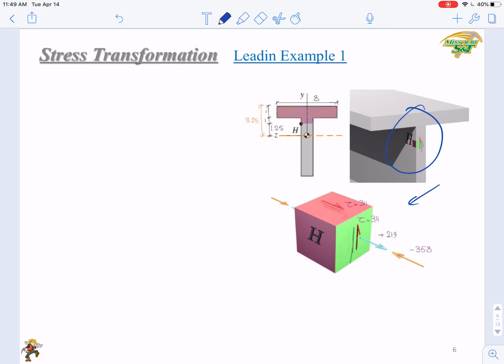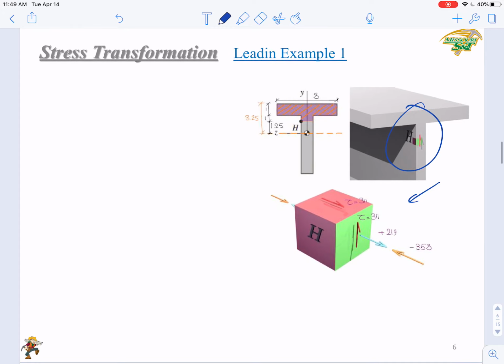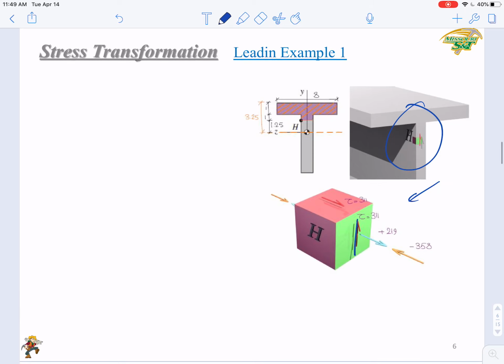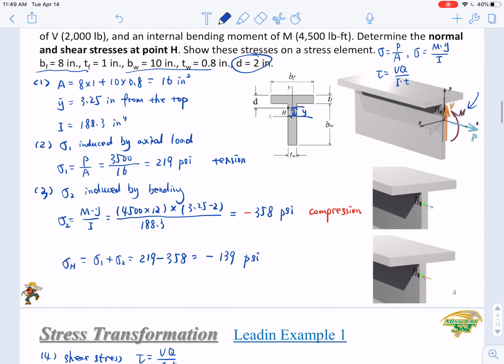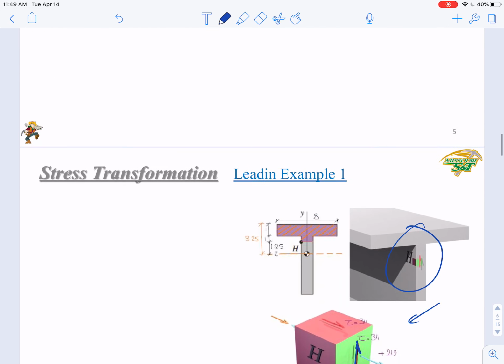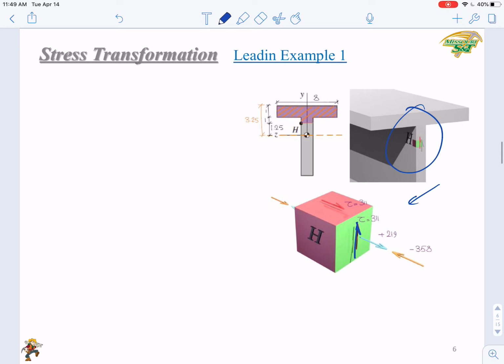You have only a shear stress on the green colored plane, right? That is 311. This is the 311 we just calculated, and because of the direction given here, it's upward. So we get an upward 311.